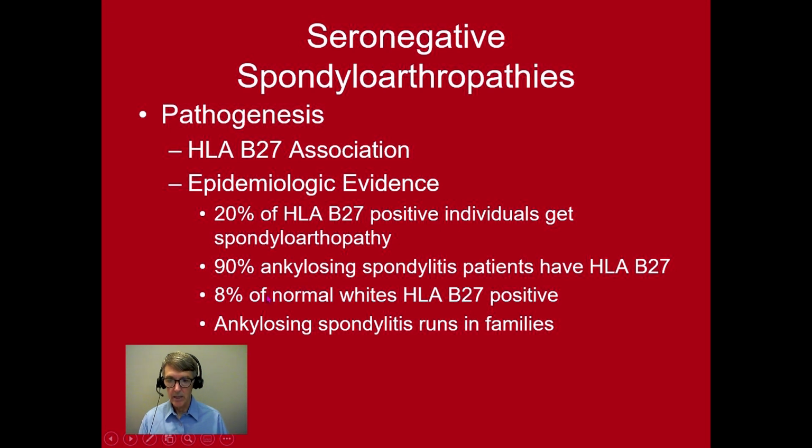And of the Caucasian population, 8% of Caucasians have it. So you can see that there's a definite difference between the number of people that get the disease that have the HLA-B27 antigen versus the normal population, because 92% of the normal population does not have the antigen. And we find that ankylosing spondylitis runs in families.